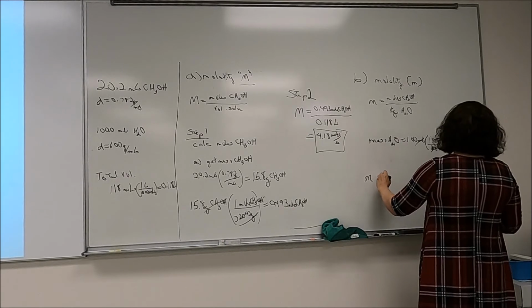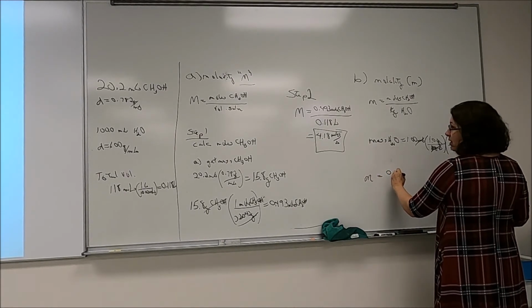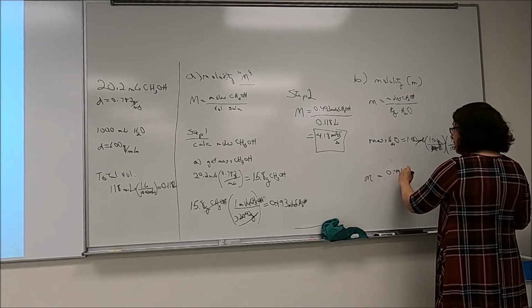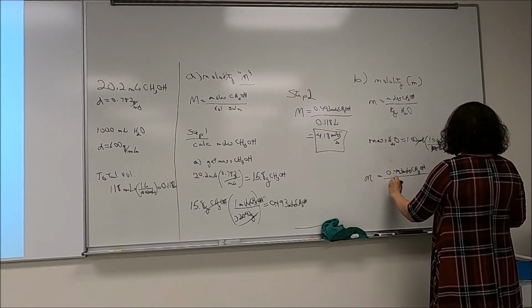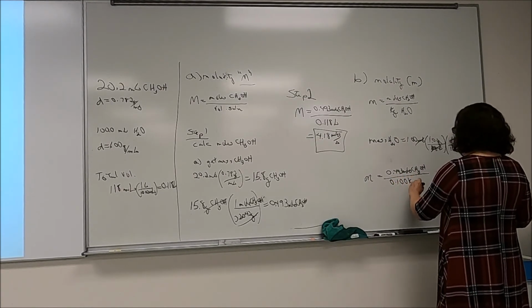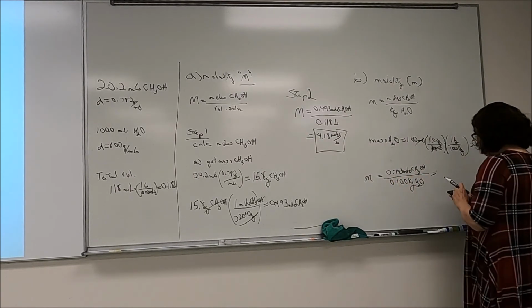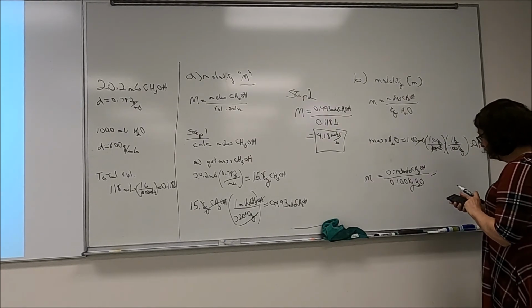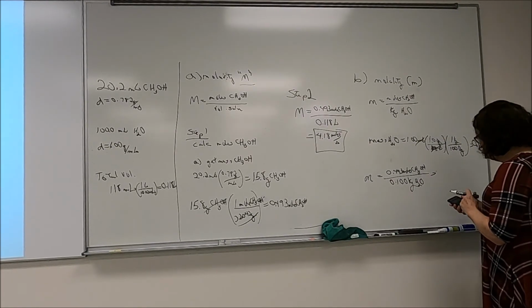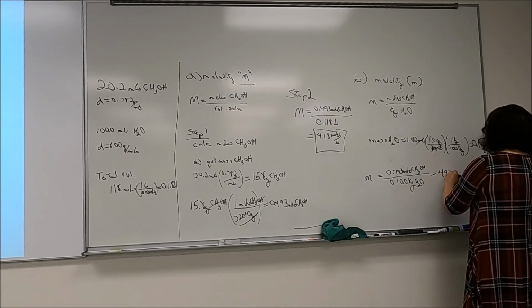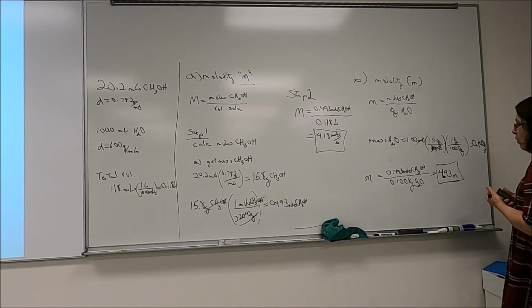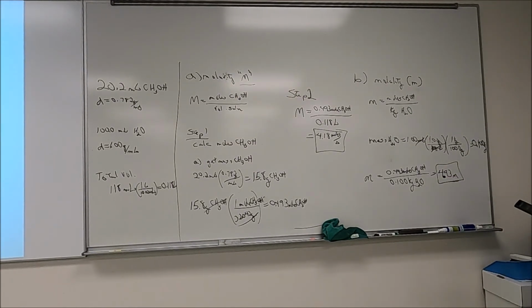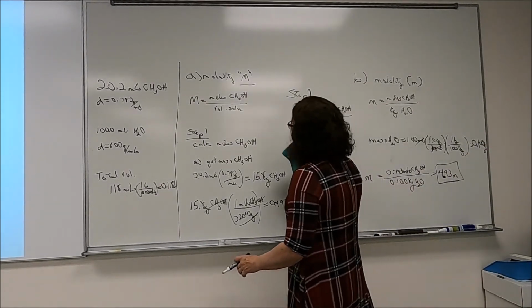So our molality is 0.493 moles CH3OH divided by 0.100 kilograms of water. So 0.493 divided by 0.1 is 4.93 little m for molality. So 4.93 little m.